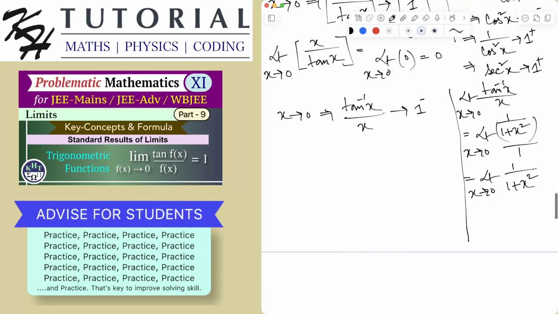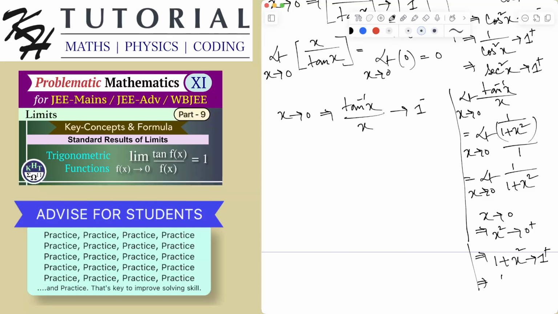Now x tending to 0 implies that x square will tend to 0, actually 0 positive. So then 1 plus x square will tend to 1 positive.